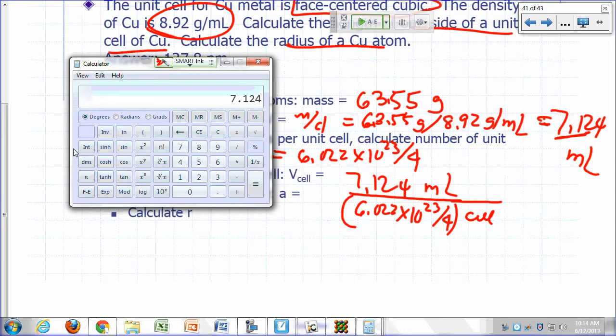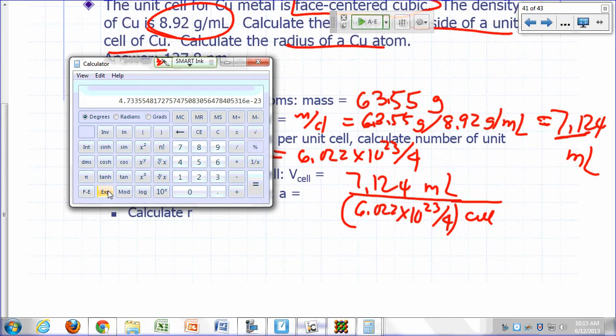7.124 divided by 6.022 times 4. Let me try that again. 7.124 milliliters divided by 6.022 times 10 to the 23rd, times 4.